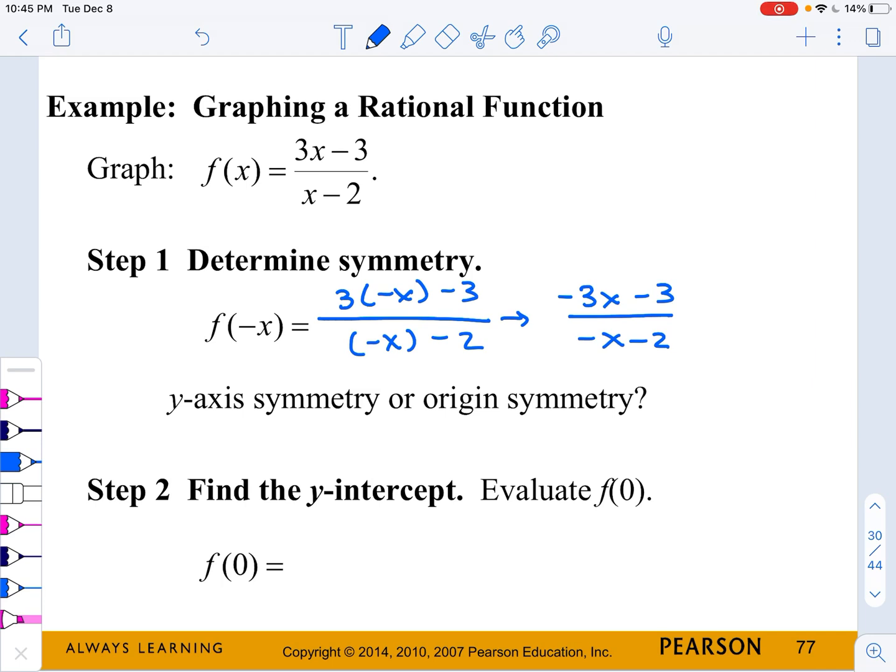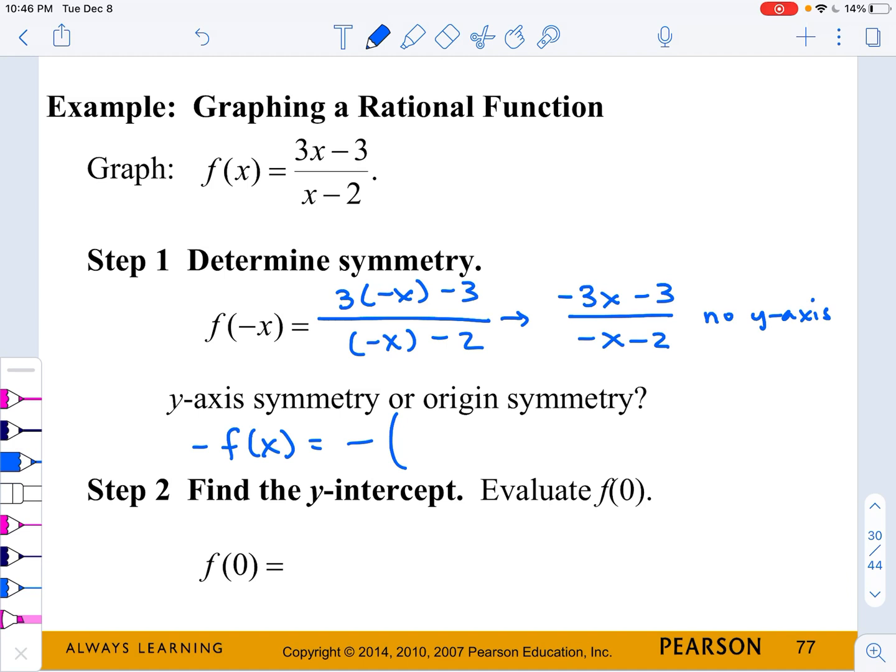Is that equal to what we started with? Do we have y-axis symmetry or origin symmetry? Well, in this case, we're not going to have y-axis symmetry because that is not equal to my original function. It's not even. Well, what happens if I take the opposite of f of x? Let's see if that equals one of those things.